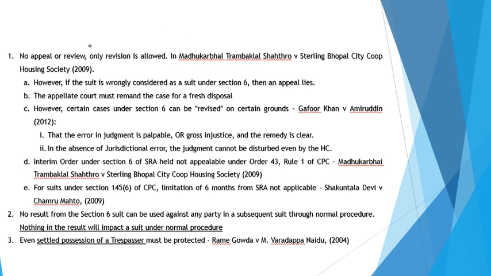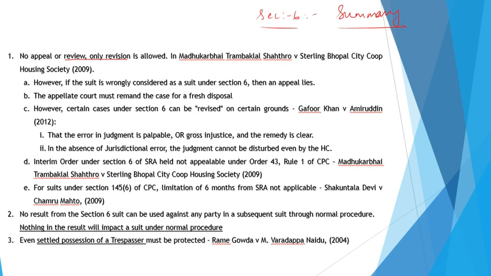So let's understand the appeal procedure. Firstly, whatever has been discussed till now, you understand one fact: what is the purpose of section 6. It's a quick remedy, a summary procedure.